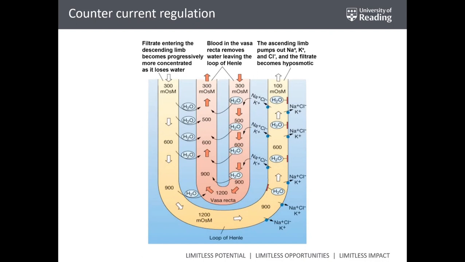And the filtrate entering the descending limb allows the movement of water, because water can move across the descending limb, while the ascending limb will move sodium, potassium, and chloride into the interstitium and into the vasa recta, generating a progressive increase of osmolarity of the interstitial fluid and of the blood in the vasa recta, generating a hyposmotic environment of the filtrate in the ascending limb.